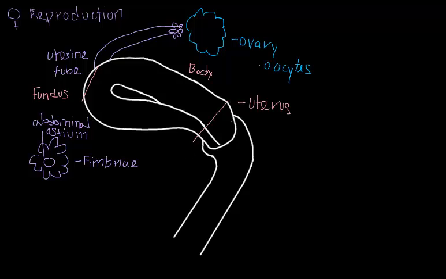And the last part down here is the cervix, and the cervix is a cylindrical, narrow muscular segment that protrudes down here into the vagina, and it has an opening, as you can see by this little white line here, called the external os.